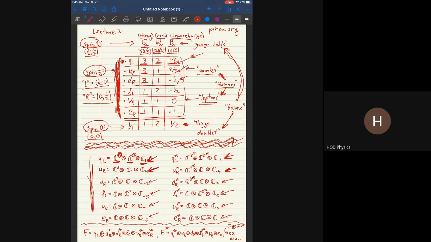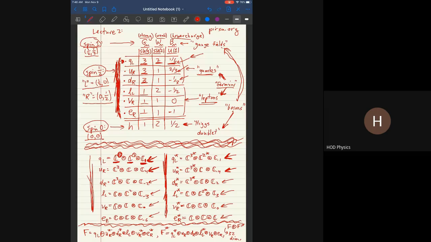Okay, and now finally, in the very bottom line, I've taken these fields. Up in this component of the page, I have 12 different irreducible representations, 12 different component vector spaces, and I'm going to split them into two parts as follows.